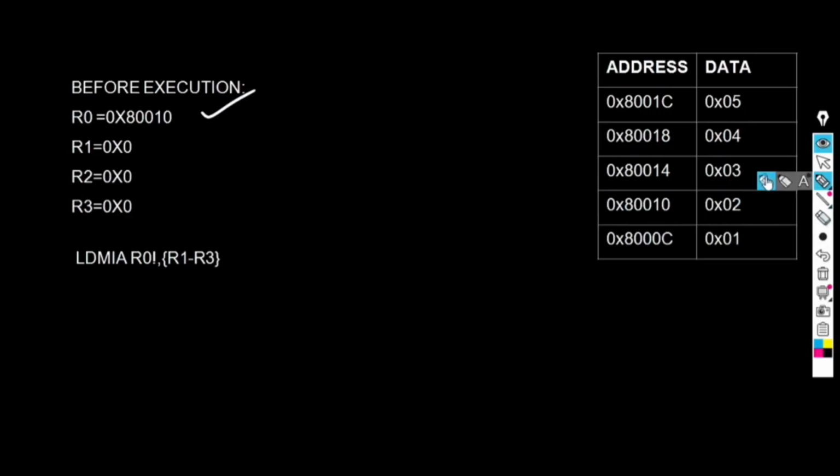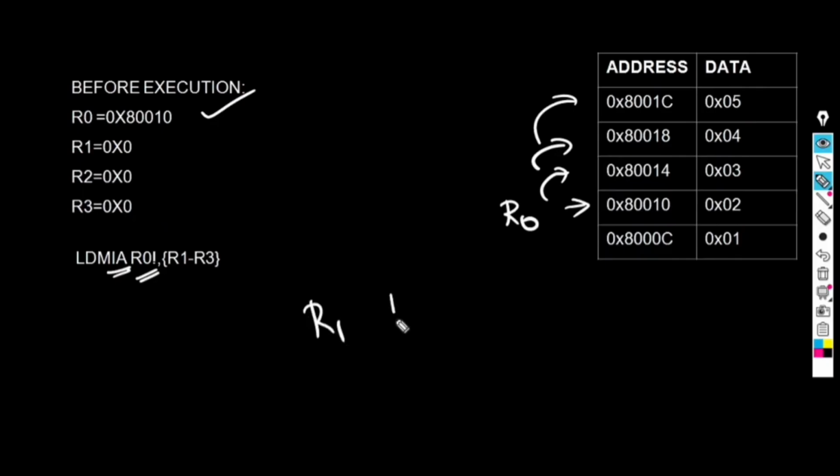First thing, load multiple, so multiple content should be loaded. Increment after means that if this is the initial address, we move to higher memory locations to load the next set of data. The initial address is this one, and then R1, R2, R3 should hold the values.